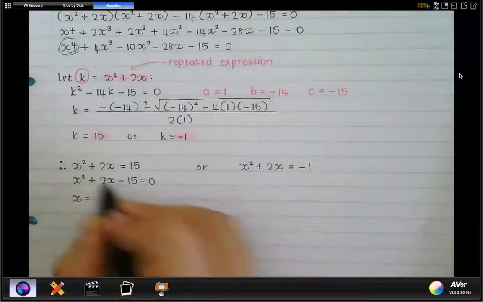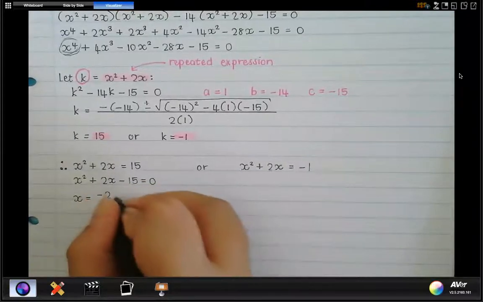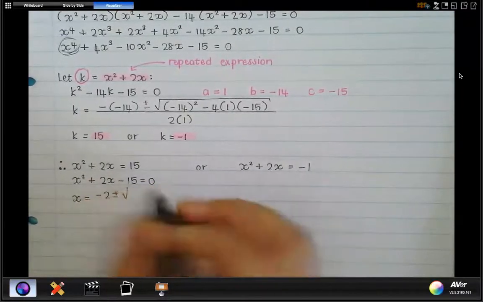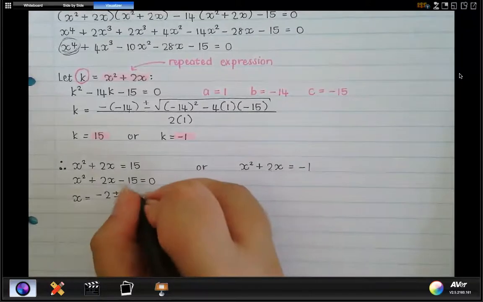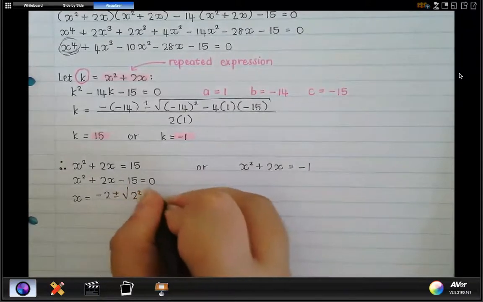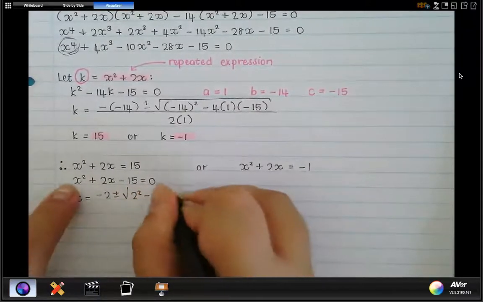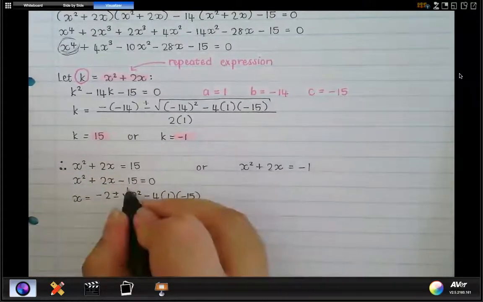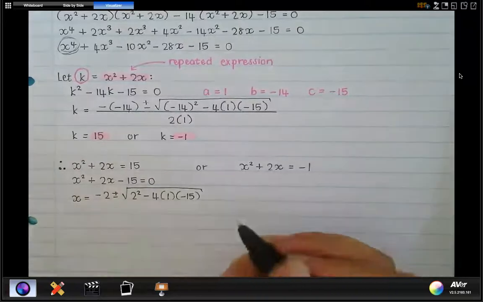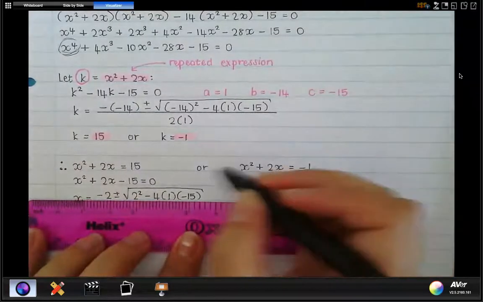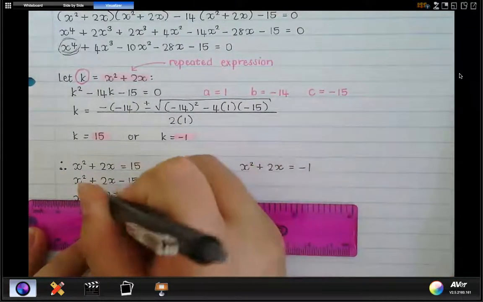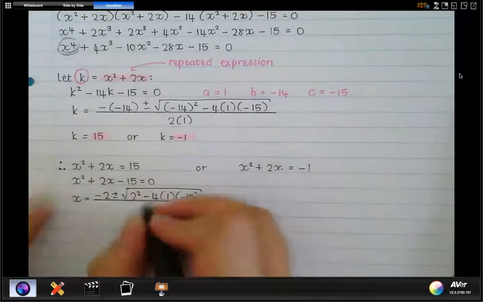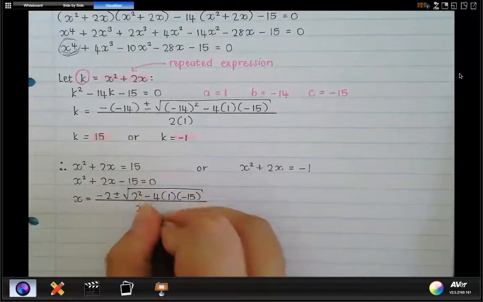So I'm going to do negative b, so negative 2, plus or minus the square root of b squared, so the 2 squared, minus 4 times a, which is 1, times c, which is again negative 15. That is all over 2a, which is 2 times 1. A is 1 in this case.